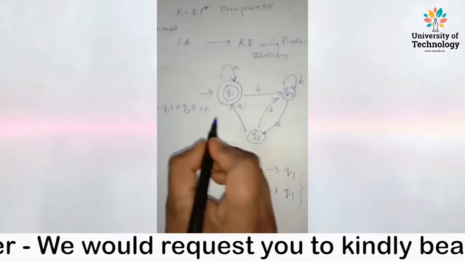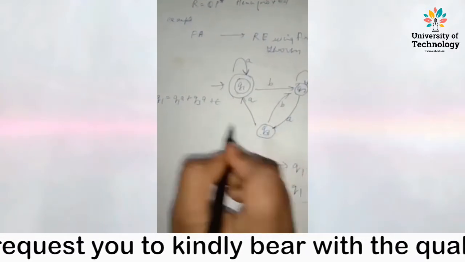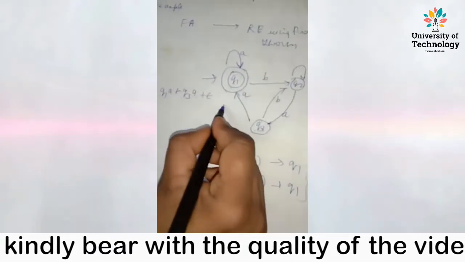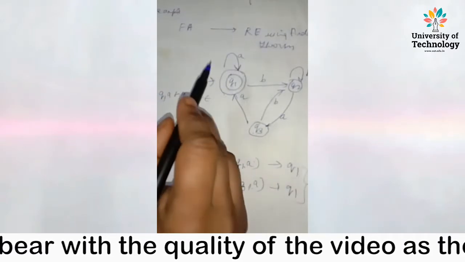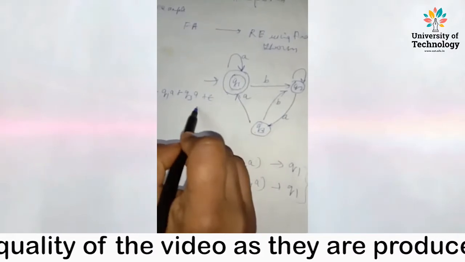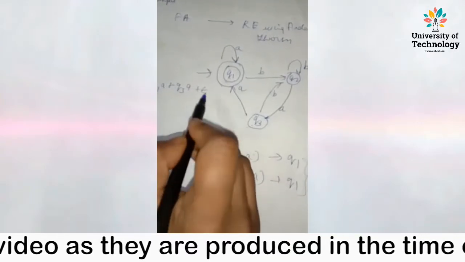If instead of Q1, Q3 were the initial state, then when finding the value of Q3, you would use epsilon in that equation. Since the final state and the initial state are the same, Q1 only, and it is the initial state, we are adding epsilon to it. Is this clear to you? Any other confusions? Fine. So let's move on.